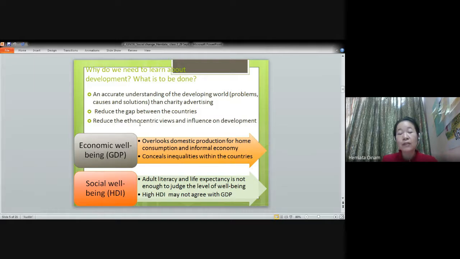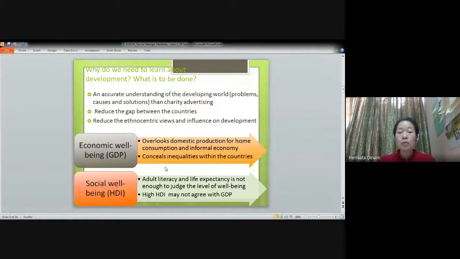At the world level, different countries try to interpret development using GDP or HDI. And we all need to question this, because GDP overlooks domestic production for home consumption and the informal economy. Sometimes GDP also conceals the inequalities which are present within the countries, within the state, or at the local level.